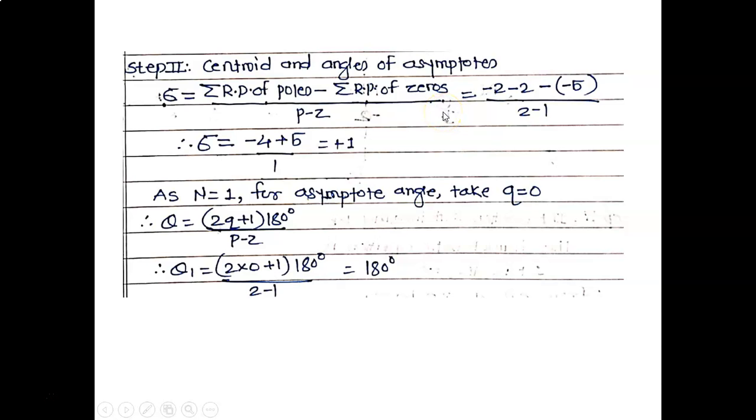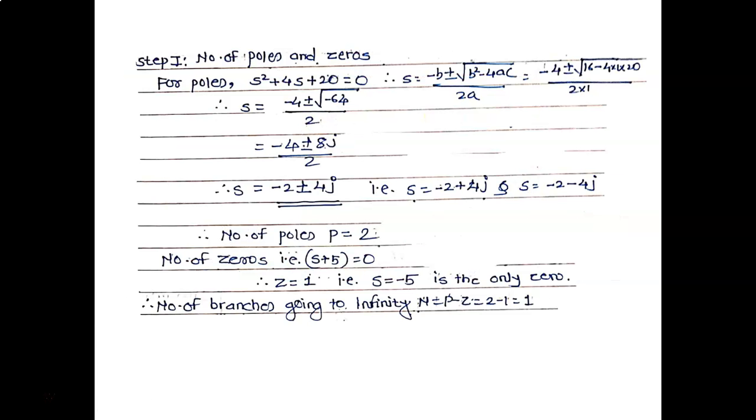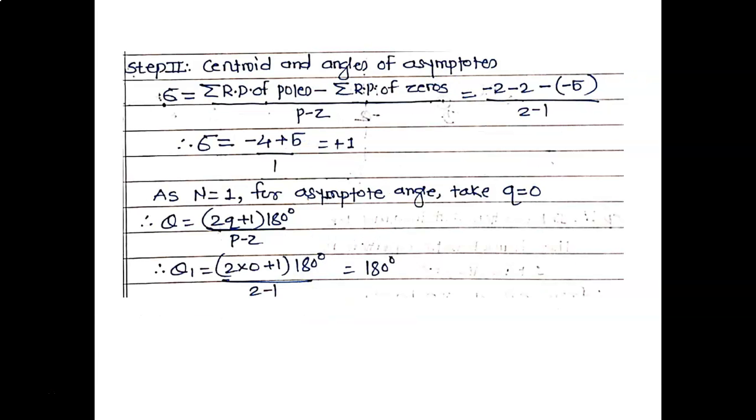Minus 2 plus 4j and minus 2 minus 4j. This 4j term is the imaginary term and minus 2 is the real term. Therefore, only real values we have to consider. And what is the zero? s is equal to minus 5. Therefore, sigma is equal to minus 2 minus 2 minus of minus 5 divided by 2 minus 1. Therefore, sigma is equal to minus 4 plus 5 divided by 1, which is equal to 1.